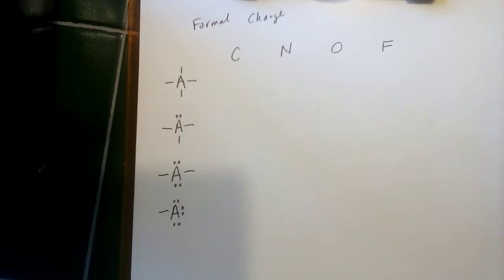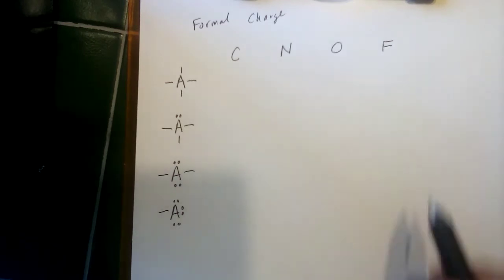You could get to 8 electrons by having 4 lone pairs, 4 sets of non-bonding electrons, 8 total non-bonding electrons. But if that's the case, you don't really have a molecule anymore because you're not bonded to anything. You might have an atom or an ion in particular, like a fluoride ion, but that's not a structure we need to worry about because there's no connection to any other atom. So that's really the only possibilities.